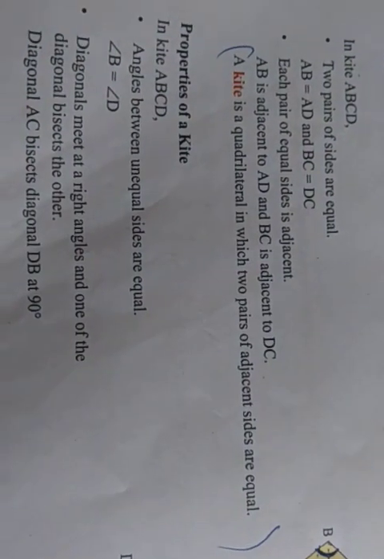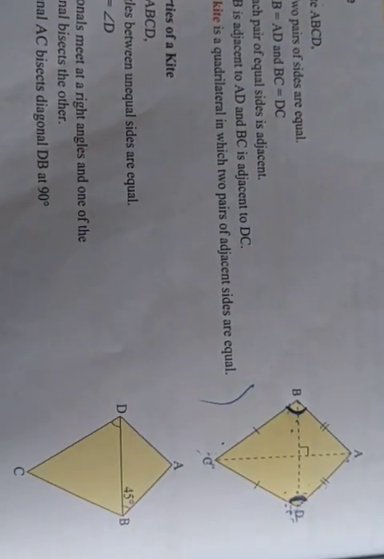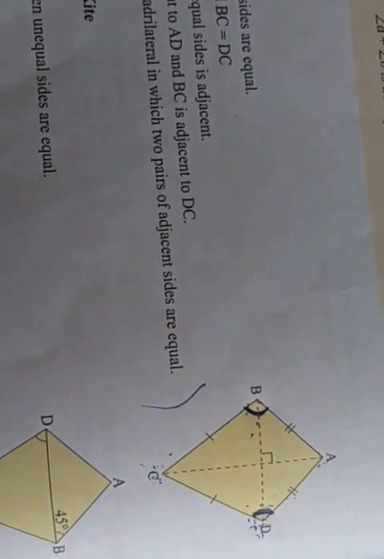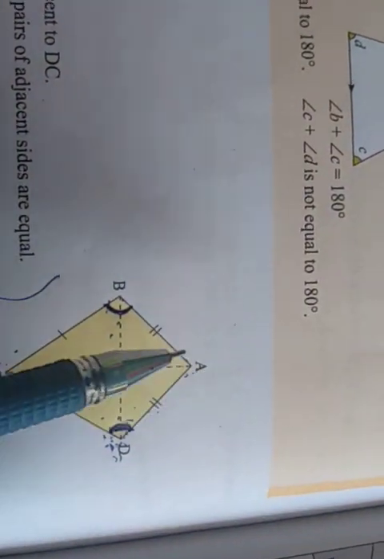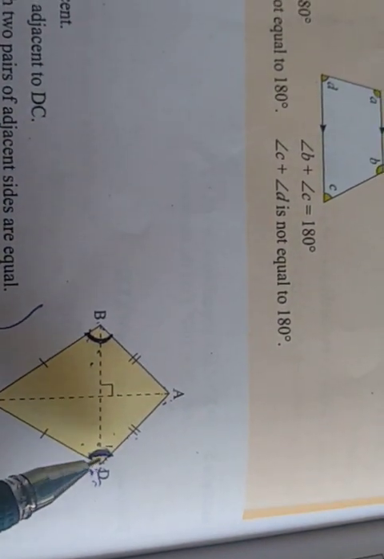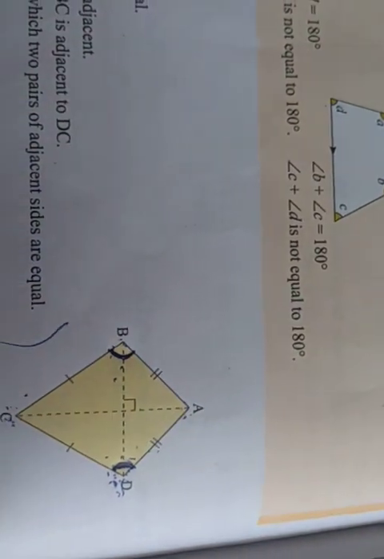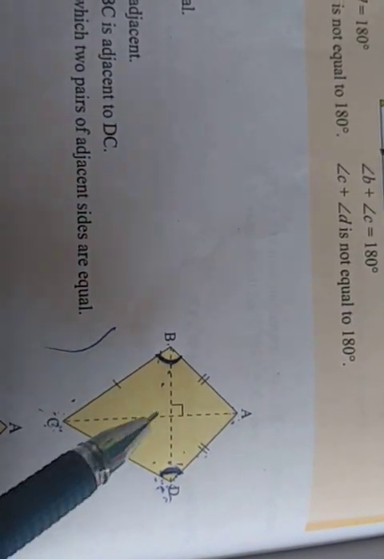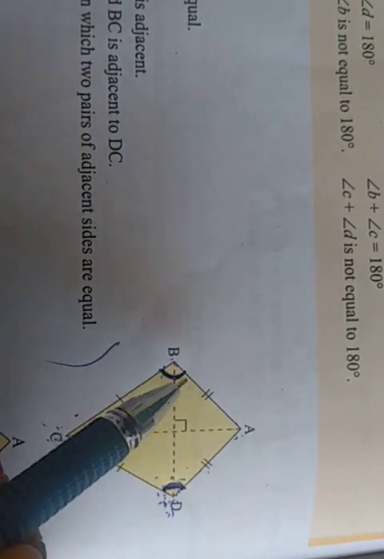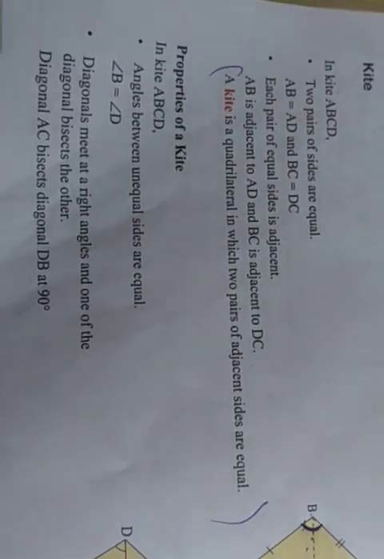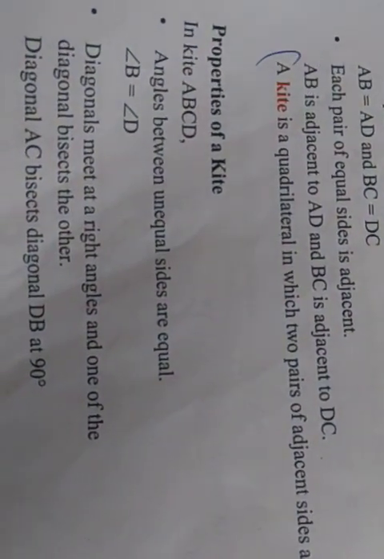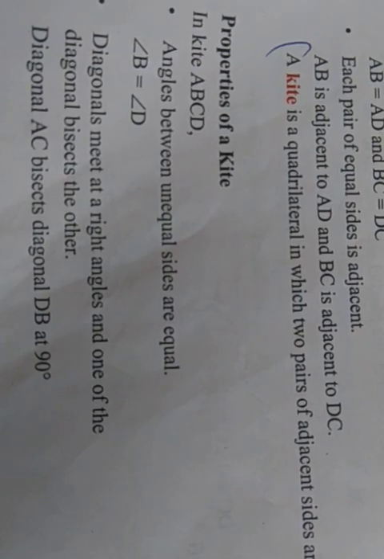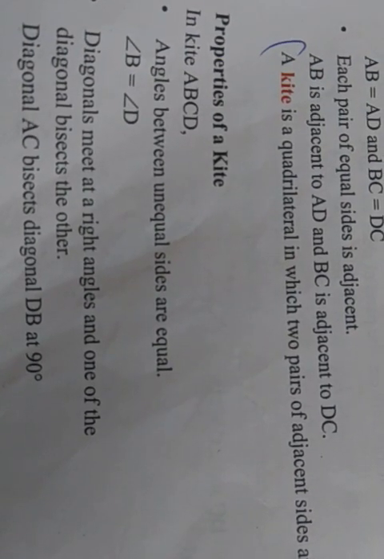Here the diagonals BD and AC are bisecting each other at right angle, at 90-degree angle. So we can say that diagonals meet at right angles and one of the diagonals bisects the other.